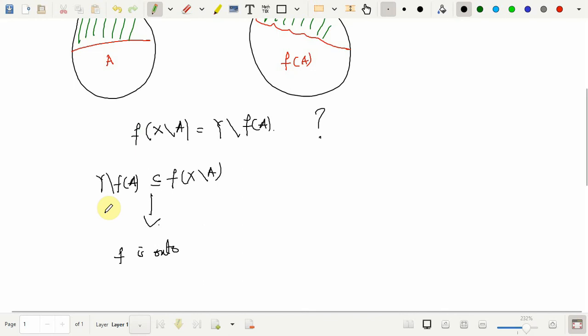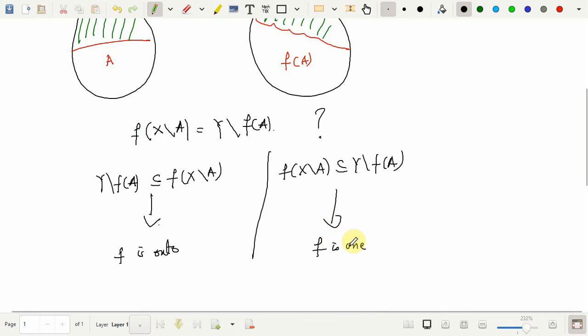You can practically see this by starting with any element, and gradually you will see that for the same element to belong to f of X difference A, you need the help of an onto map. You need the map to be onto, only then can you exhibit this relation. Similarly, if you want to show that f of X difference A is a subset of Y difference f of A, the condition required on f is that f is 1-1.